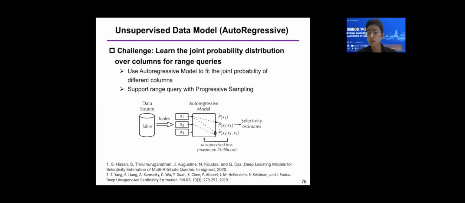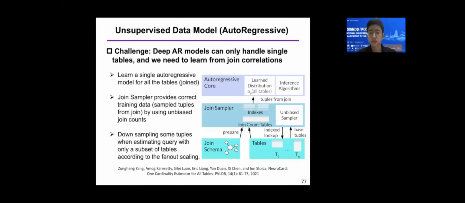To support the range predicates, the model adopts progressive sampling to select the meaningful samples by leveraging the learned density models. It works even with skewed data. However, it cannot support high-dimensional data or multiple table joins.